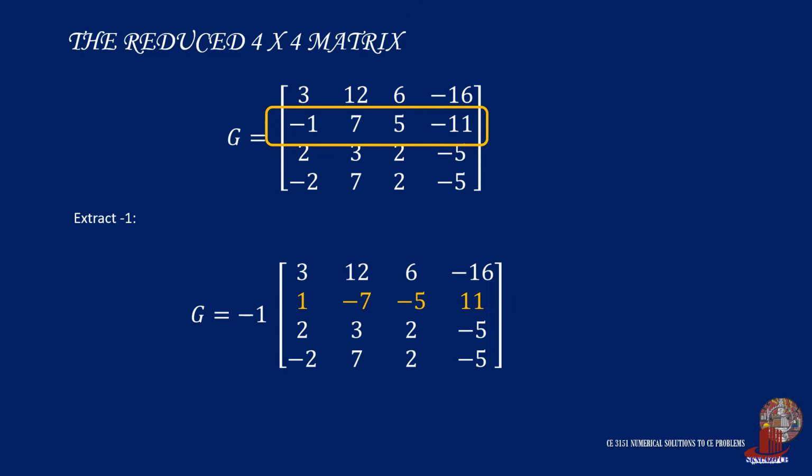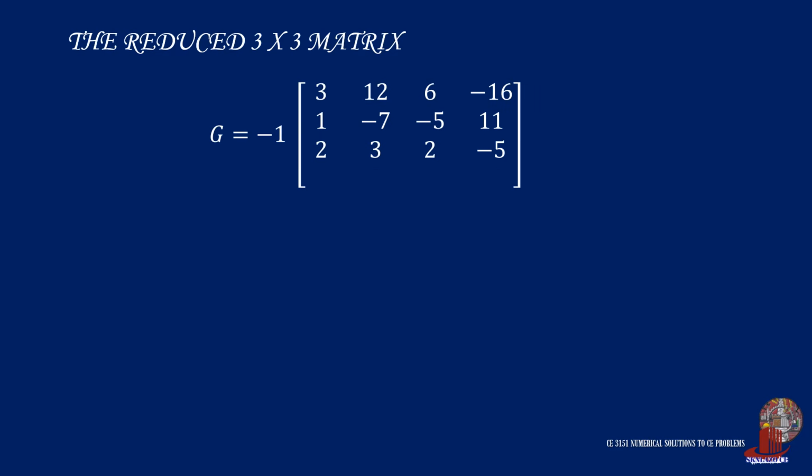We can move on with the procedure. The matrix would have a prefix of -1, which we extracted, and the elements show 1, -7, -5, and +11. With the +1 already available, we can reduce matrix G into order 3 by using pivot element A2,1.